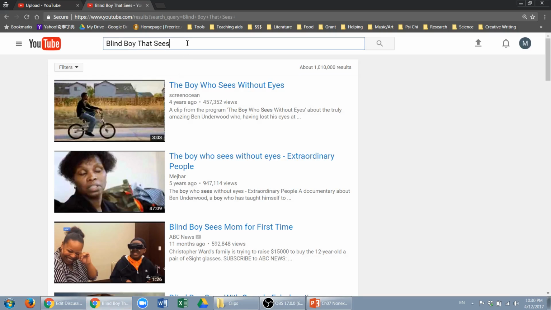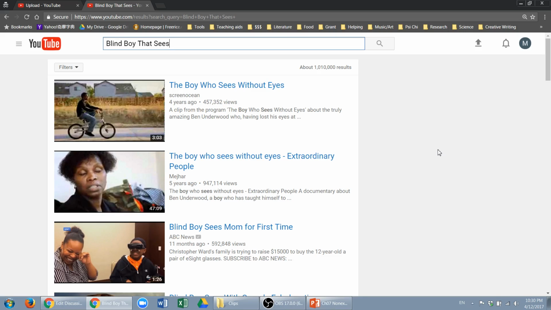When you enter these keywords, you can see the boy who sees without eyes. He lost his eyes when he was a kid due to illness, but he developed this special ability to see things around him. Not exactly see; it's kind of like a bat, or dolphins using echolocation.